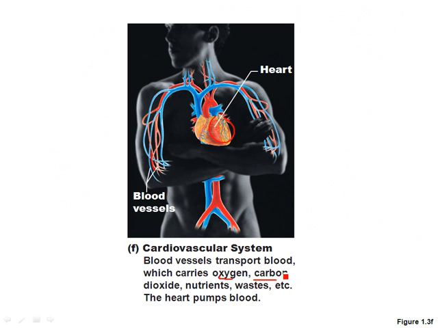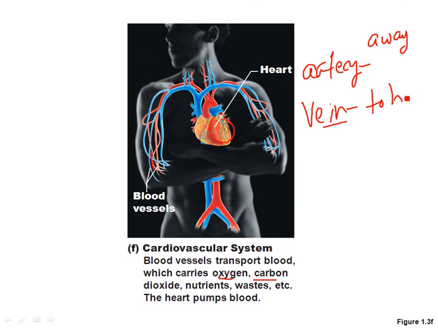Now, when we talk about these blood vessels, we talk about arteries and veins. Arteries always take blood away from the heart, and veins always carry blood to the heart. So vein, spelled V-E-I-N, takes blood into the heart. So arteries take blood away from the heart.